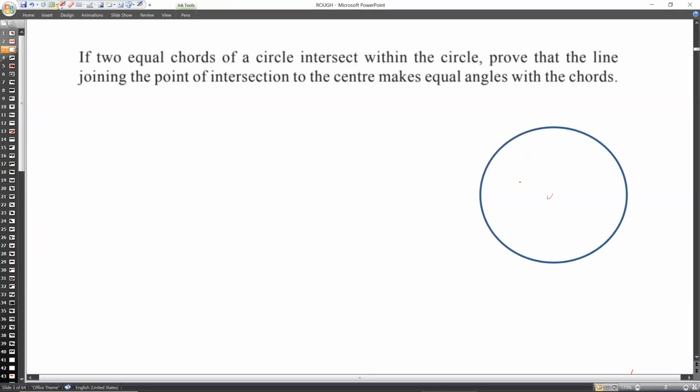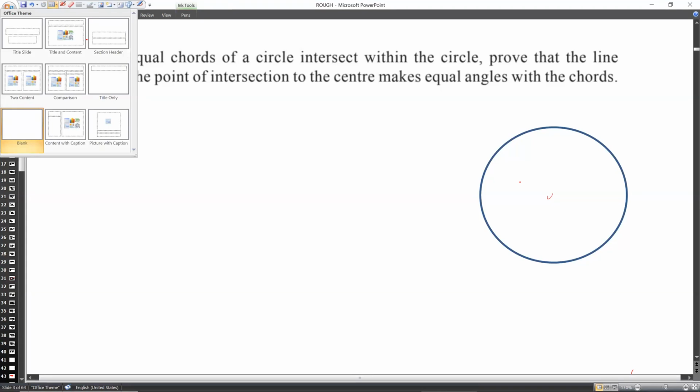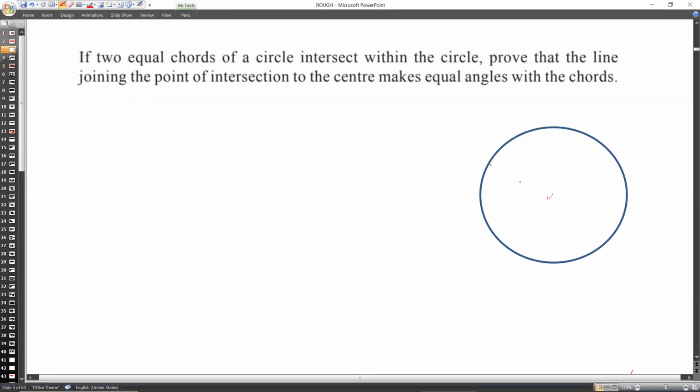In this circle, these are the two chords and they are intersecting each other. This is AB and this is CD. Got it? Yes, sir.